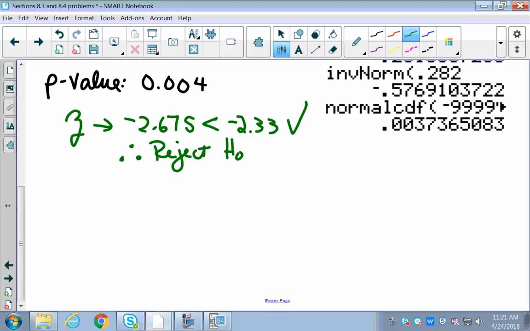I can also use my p-value test. We found out that our p-value is 0.004, and what I'm going to look at is, this is the p-value test, is 0.004 less than 0.01?